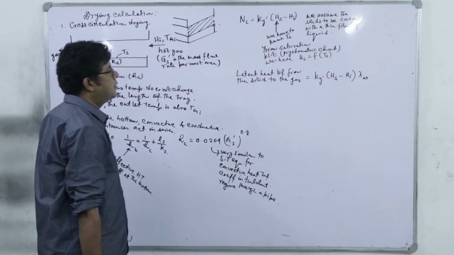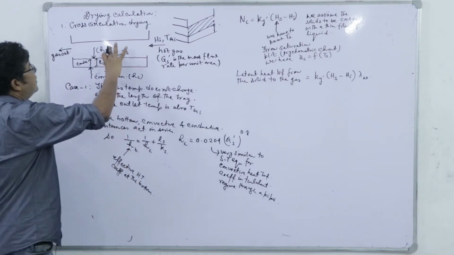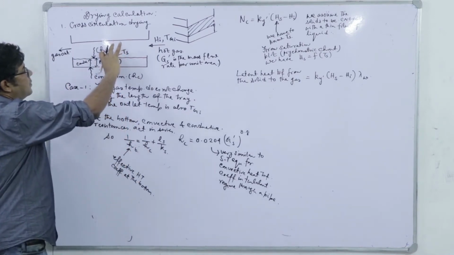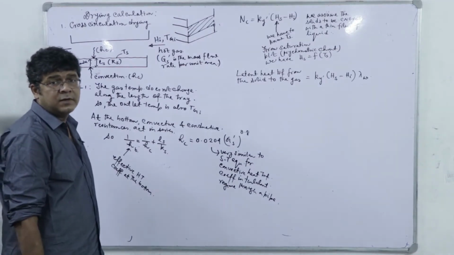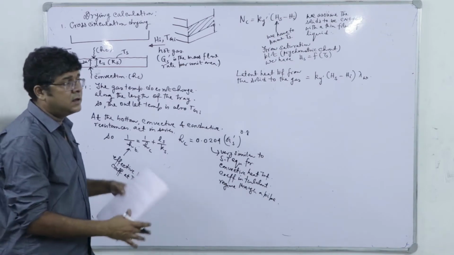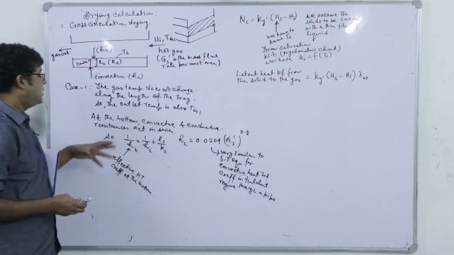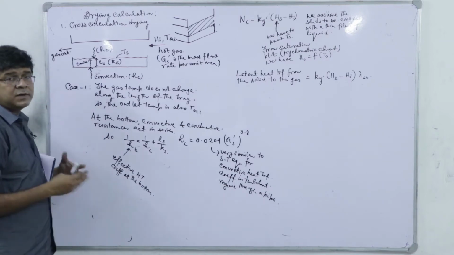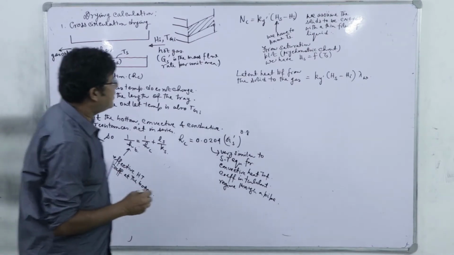right. Now, sensible heat transfer is taking place from both sides, and we have evaluated the respective heat transfer coefficients. From the top it is simply the convective heat transfer coefficient, from the bottom it is the effective heat transfer coefficient arising out of conduction and convection.